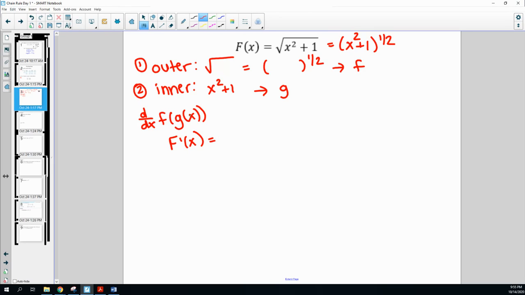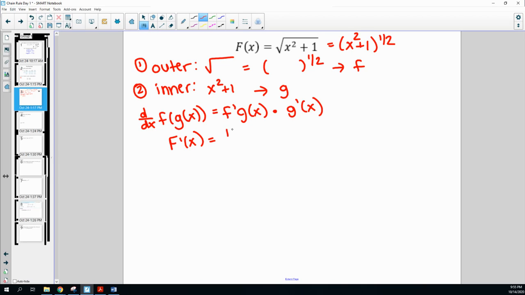So to do this, we're going to do the derivative of the outer function evaluated at the inner function times the derivative of the inner function. So if I was taking the derivative of this, I would have the derivative of my outer, which is like something to the 1/2.